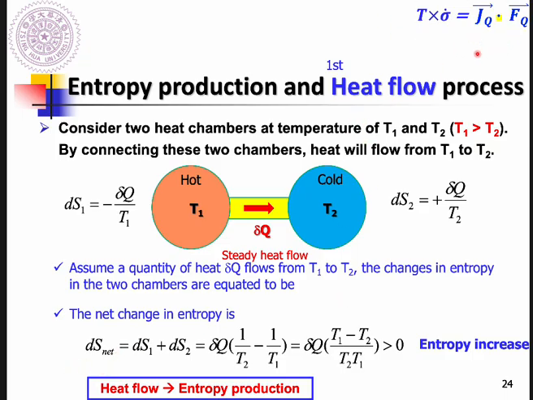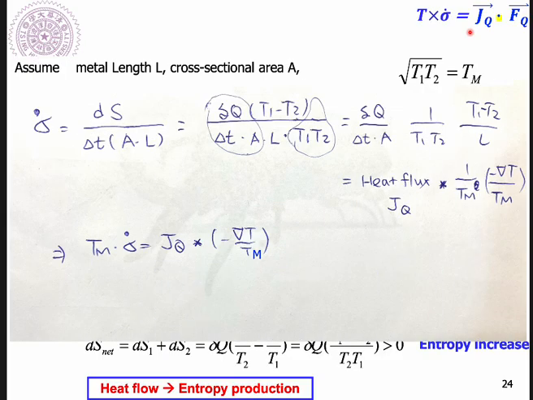So probably from here to here, we need to do some mathematical calculations or multiplications. So I just make some assumptions here: the length of the metal L, the cross-section area A. But I just want the sigma dot, which by definition is entropy change per unit time and per unit volume.